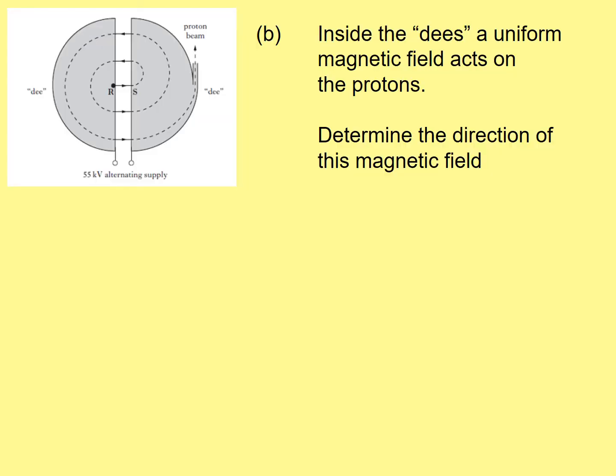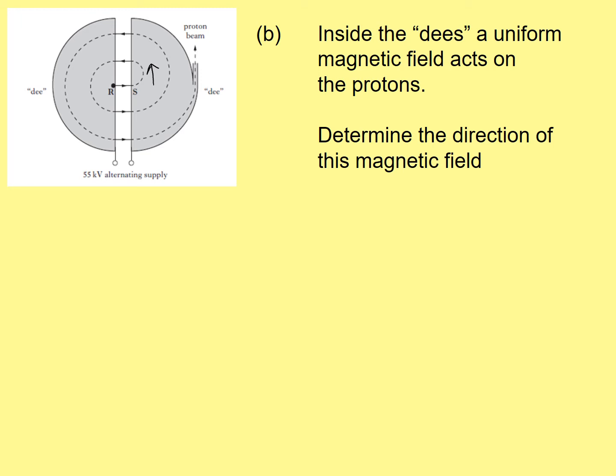In part B, we're asked to determine the direction of the magnetic field. We're dealing with a positive particle here, so we can use the left-hand rule. In the left-hand rule, if you're pointing at the screen, your thumb is pointing up and your second finger is pointing to the right. Now we need to make sure we align this with everything that's going on. As the particles accelerate across the gap from R to S, they're moving in an upwards direction, so our thumb stays pointing up.